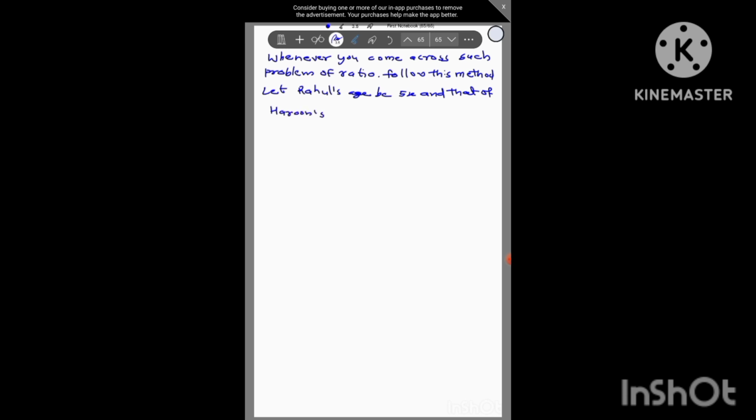If you follow this, whenever you come across a ratio, that will definitely make your problem very easy. So Rahul's age to Arun's age ratio will be 5x upon 7x, which is 5 upon 7, as given in the example.